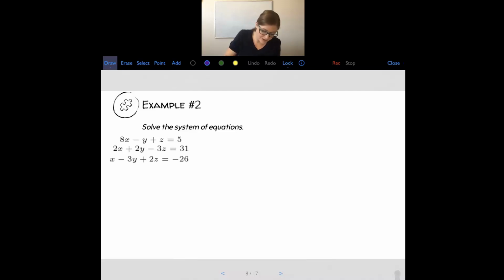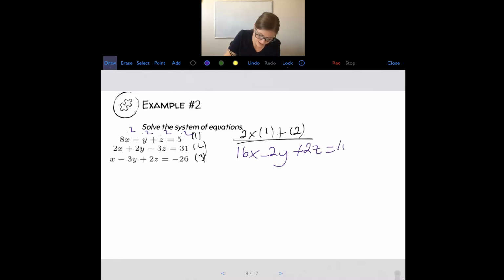So the first thing I'm going to do is, this is equation 1, equation 2, and equation 3. I'm going to take 2 times equation 1 and add that to equation 2. So 2 times equation 1 means I take everything in equation 1 and multiply it by 2 to give me 2x minus 2y plus 2z equals 10.